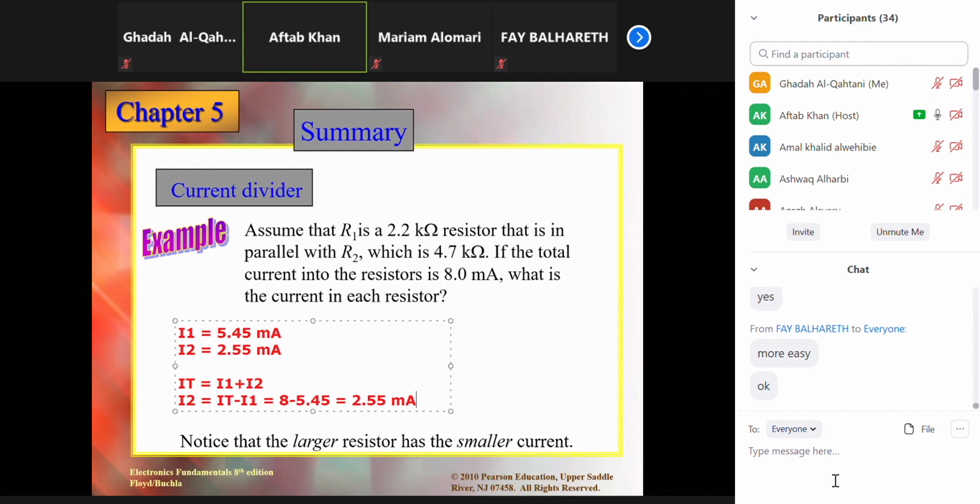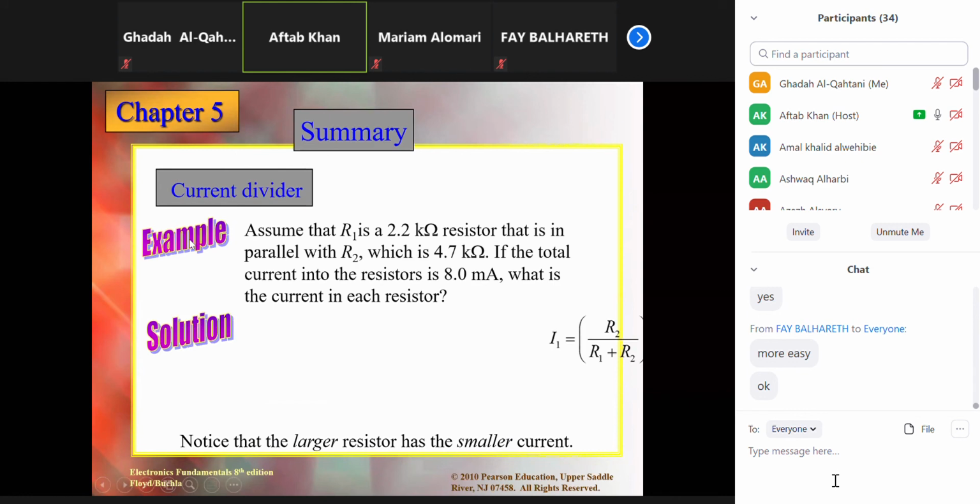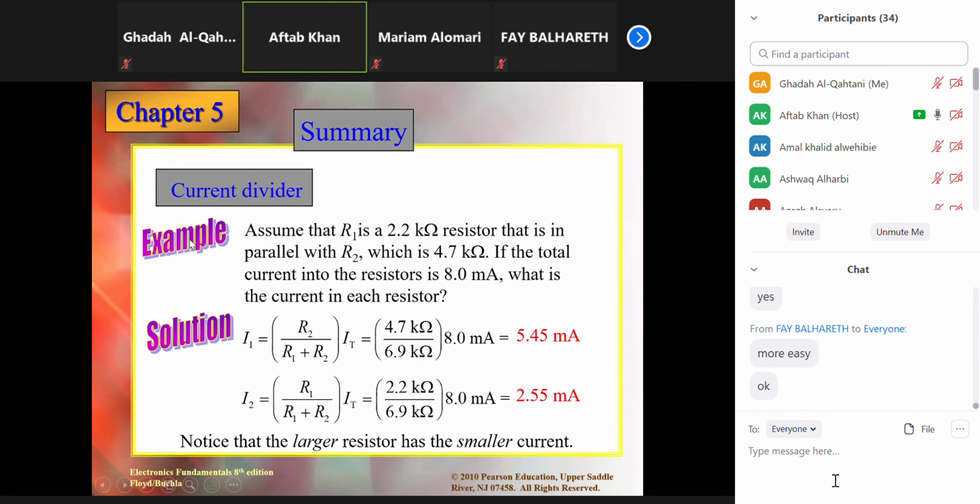All right. Let's move next. Okay. What is here next? Okay, just calculated this way.